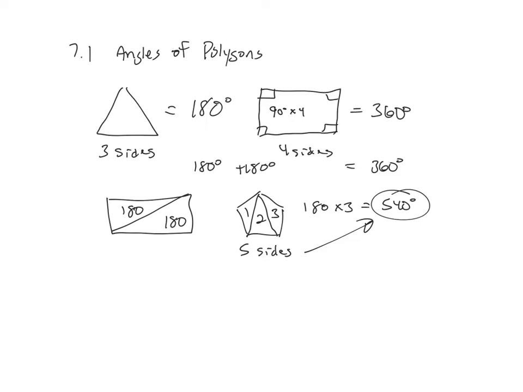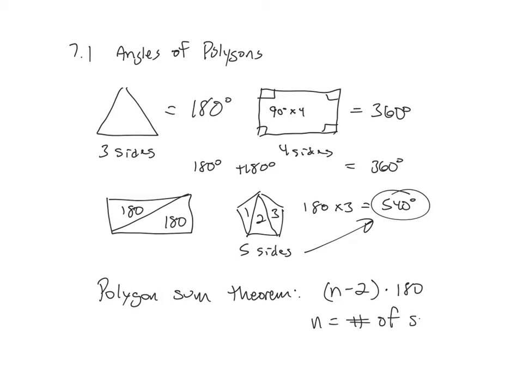So there is a formula, and it's a theorem, the Polygon Sum Theorem, but I'm not going to write down the name because I won't ever ask you for it. It's n minus 2 times 180, and n is the number of sides.